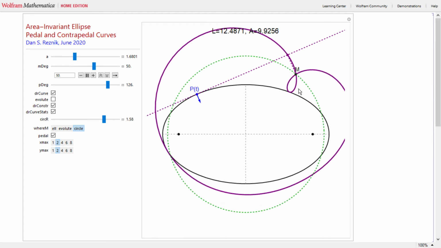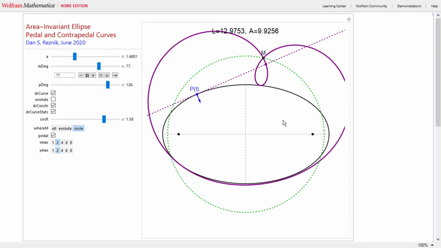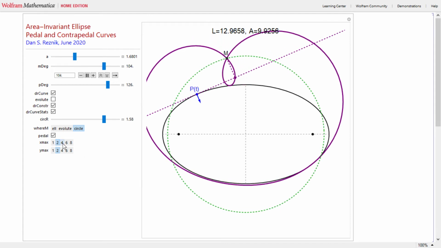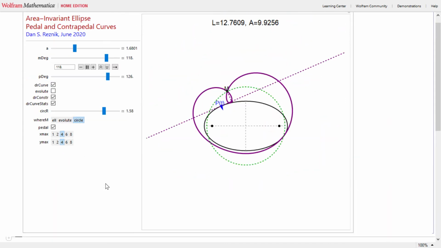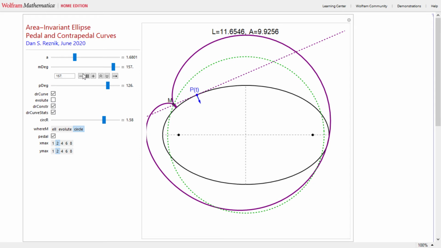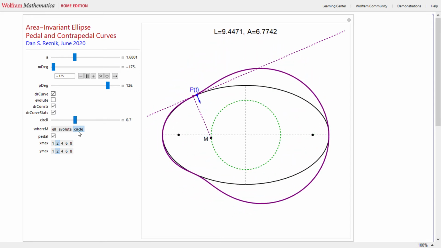Here's a negative value. But even then, as M moves on this green circle that is concentric with the ellipse, and this shaking around here is just an artifact of Mathematica. I think if I change this to 4 into 4, the shaking might go away, maybe not. All right. But the first cool result here is that the area of these evolutes is constant as long as M is moving along a circle.